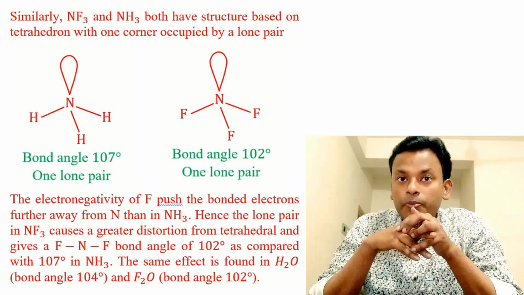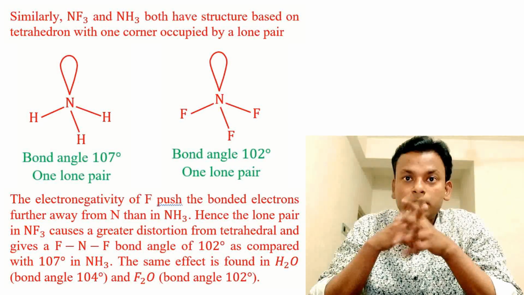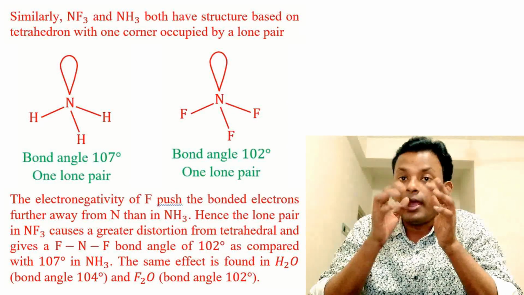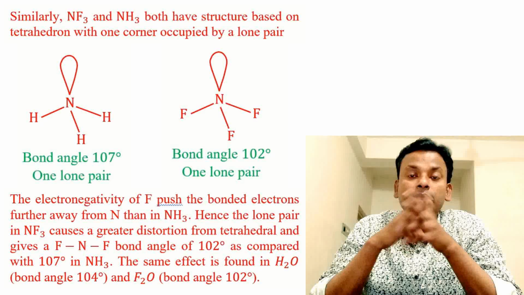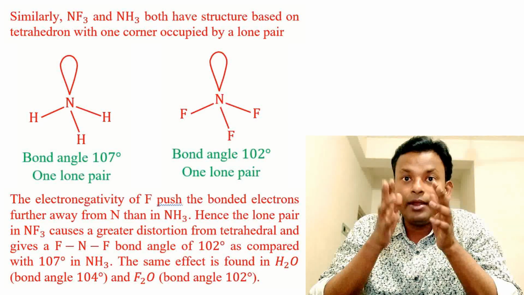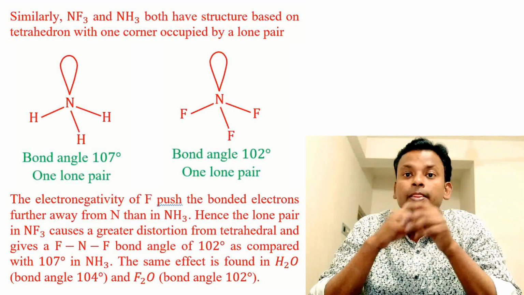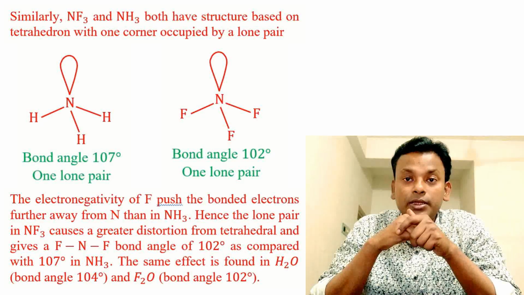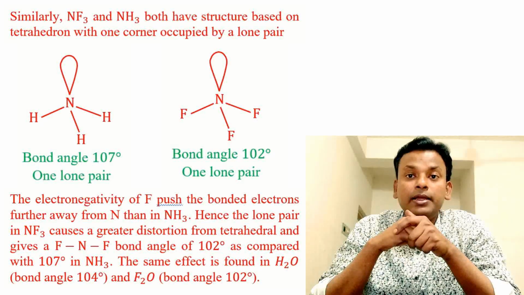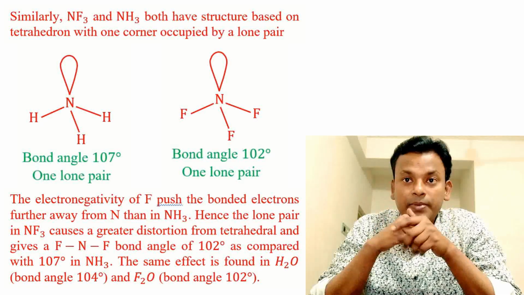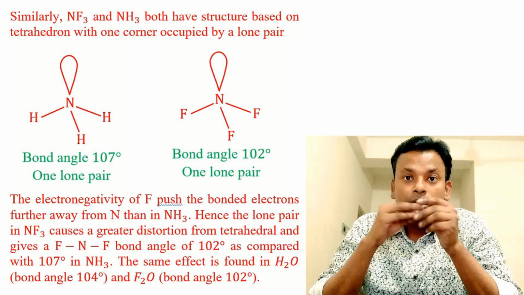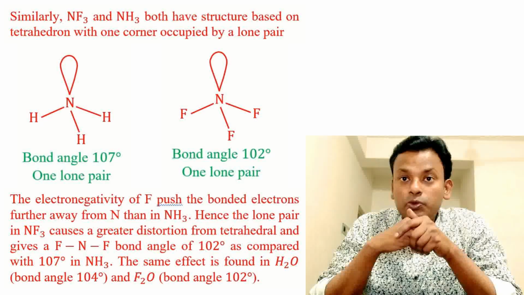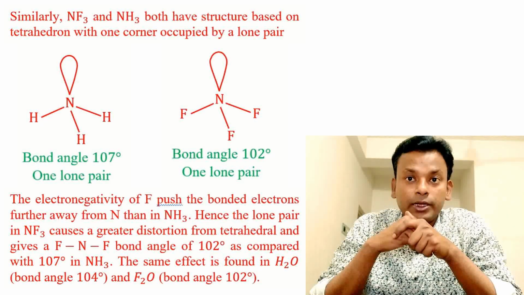Hence, the lone pair in NF3 causes a greater distortion from tetrahedral and gives an FNF bond angle of 102 degrees as compared with 107 degrees in NH3. The same effect is found in H2O, bond angle 104 degrees, and F2O, bond angle 102 degrees.